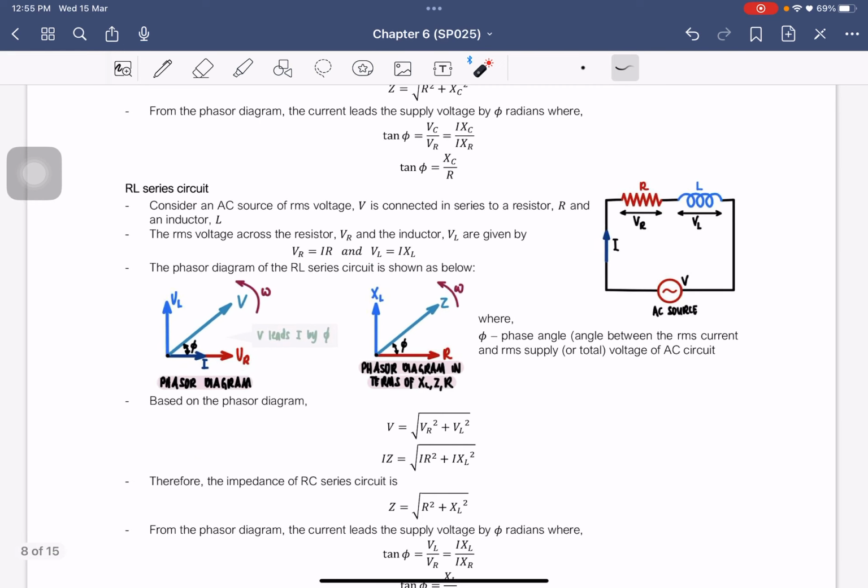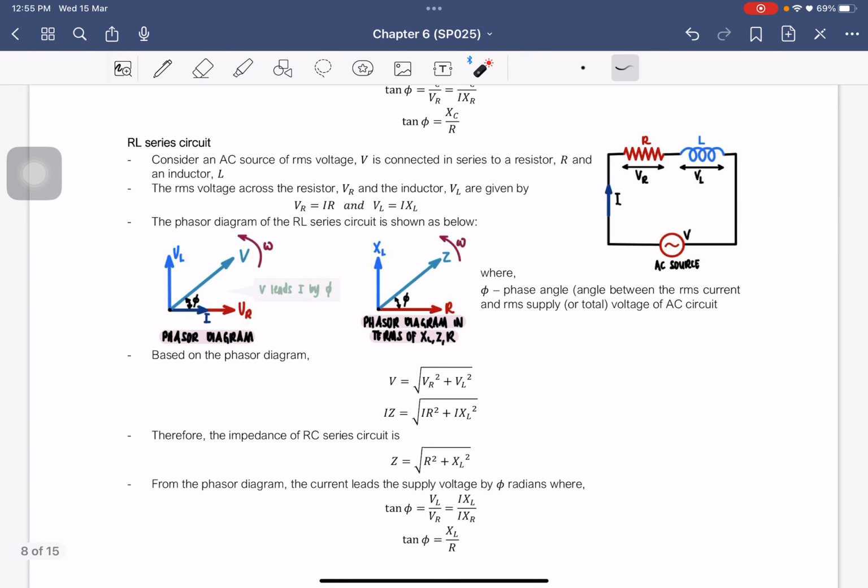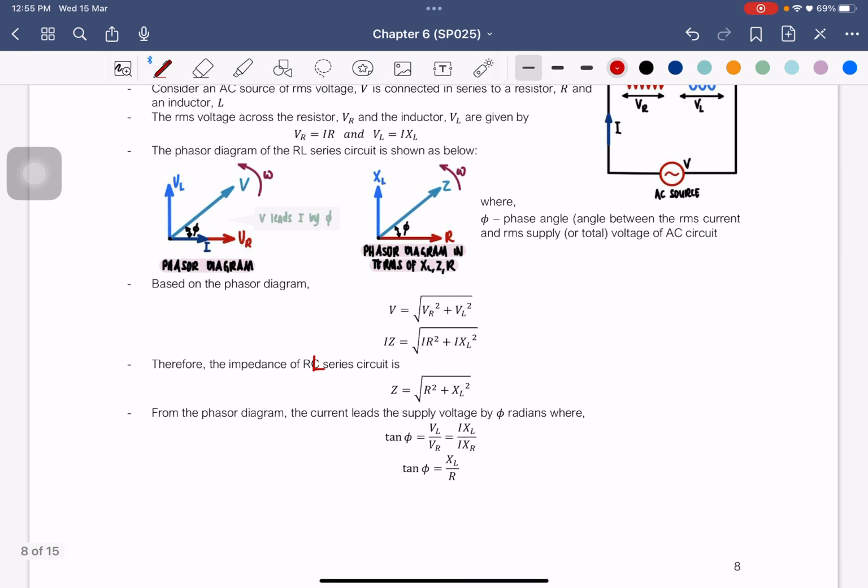Okay. So based on the phasor diagram, we can calculate the impedance of this RL series circuit lah. Okay, so kita tahu. And then we can calculate the phase angle, which is phi here lah.